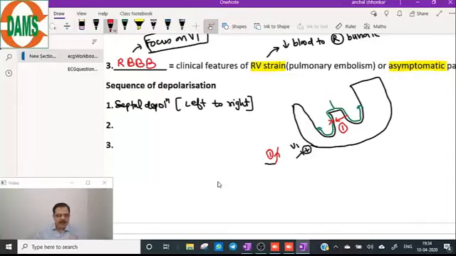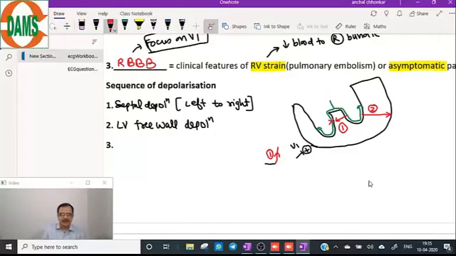Now the left ventricle will depolarize, not the right ventricle, because the right bundle is blocked. So there will be isolated left ventricle free wall depolarization. This will cause the depolarization from endo to epicardium. Number two event.